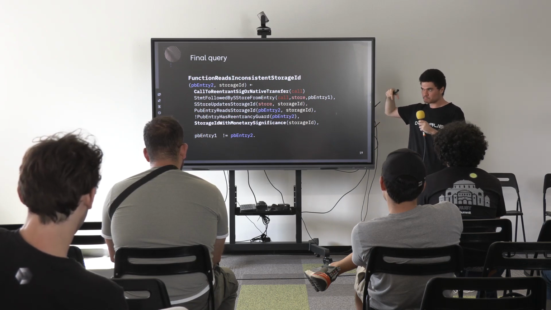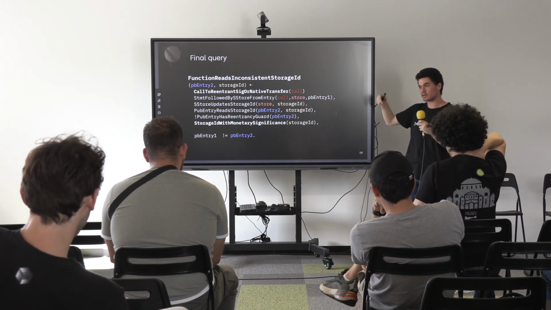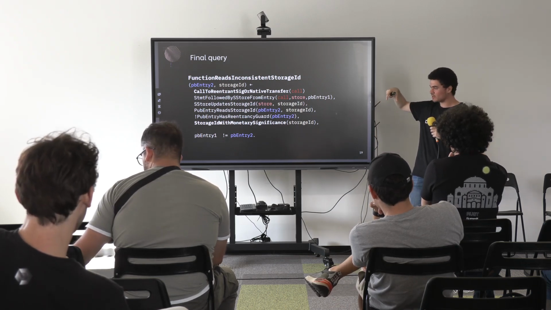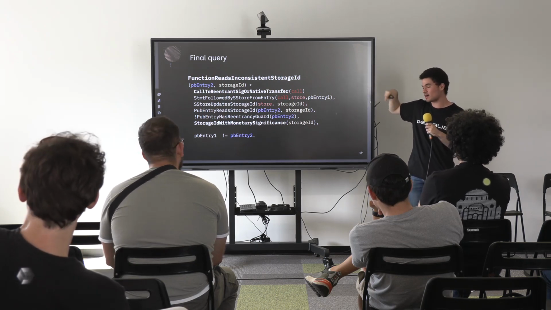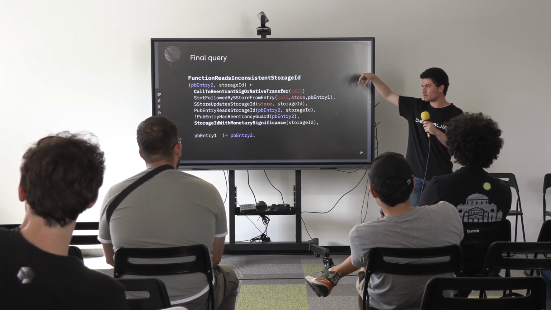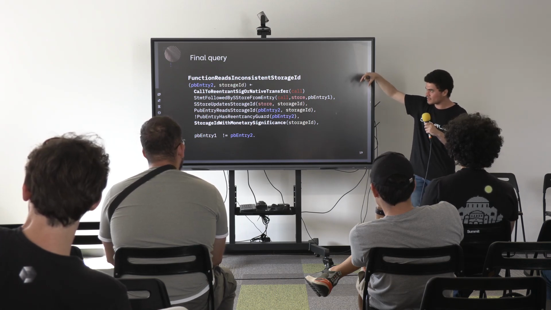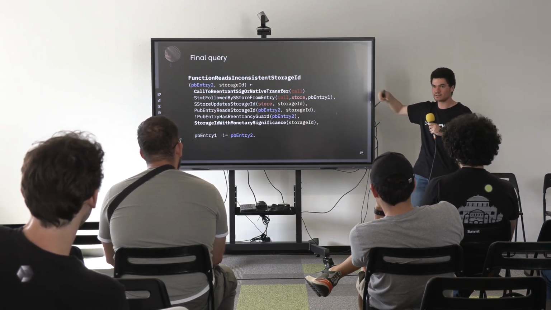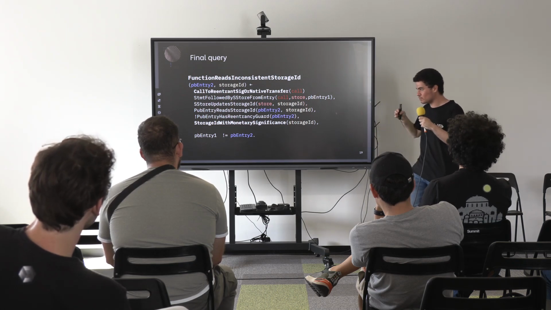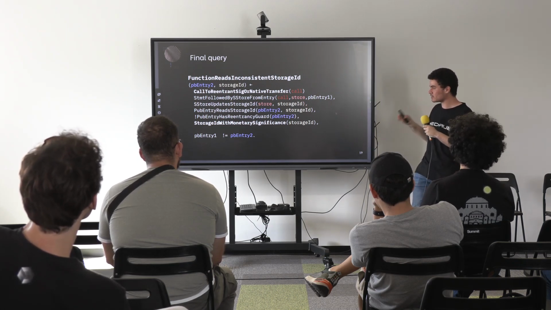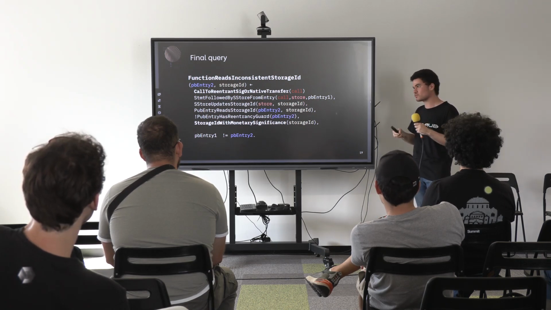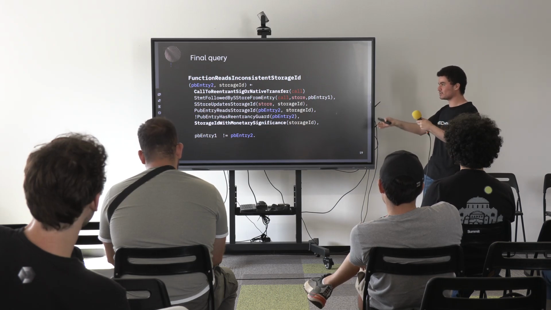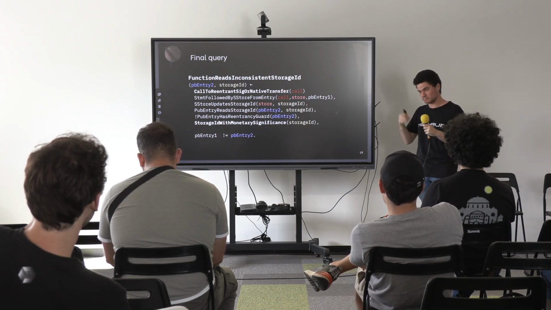And this can propagate in a transitive manner, meaning that if I'm a reentrant implementation and I'm being called from another signature, then that signature is also possibly reentrant, and so on. So we can come up with a database of reentrant signatures, and this is because we analyze every deployed contract all the time.